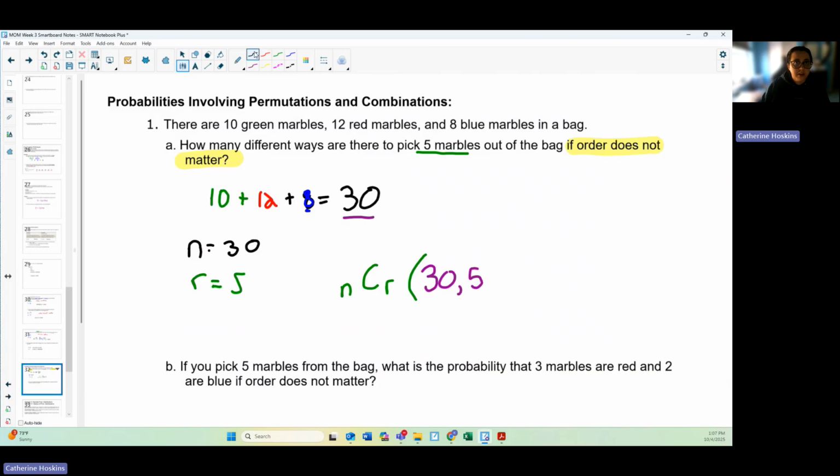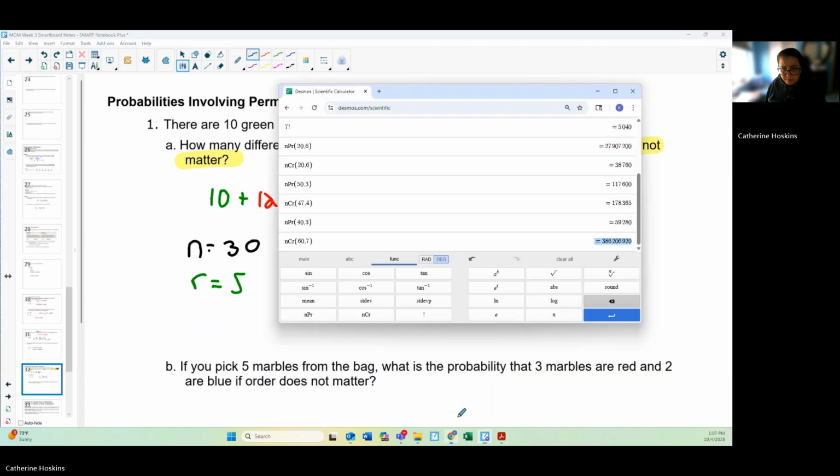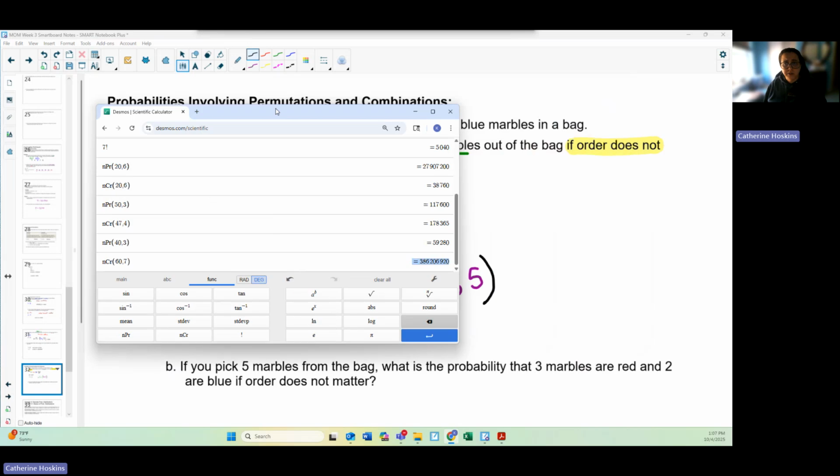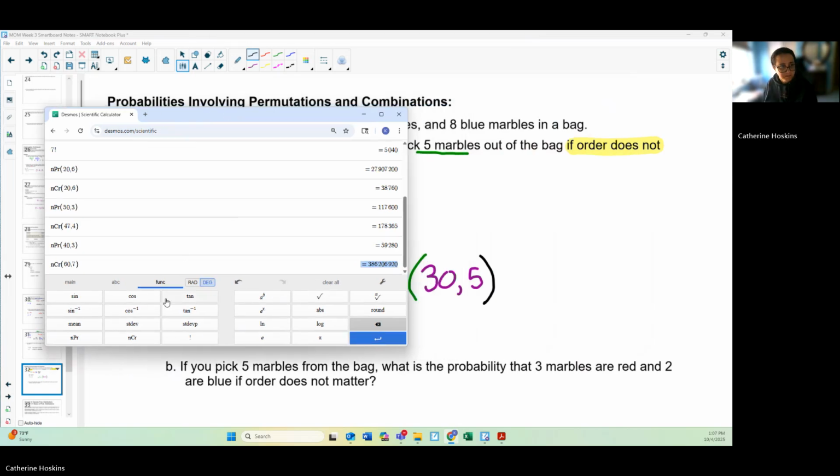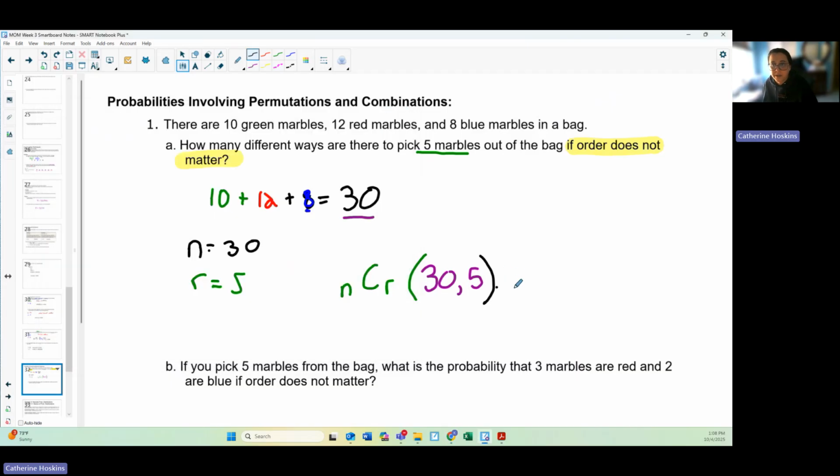Looks a little bit better. We're going to throw that into Desmos. I'm sorry all my colors are messing up today. I'm going to pull open Desmos. I'm going to say combination 30, comma 5, and I end up with 142,506 different possible combinations to pick those marbles.